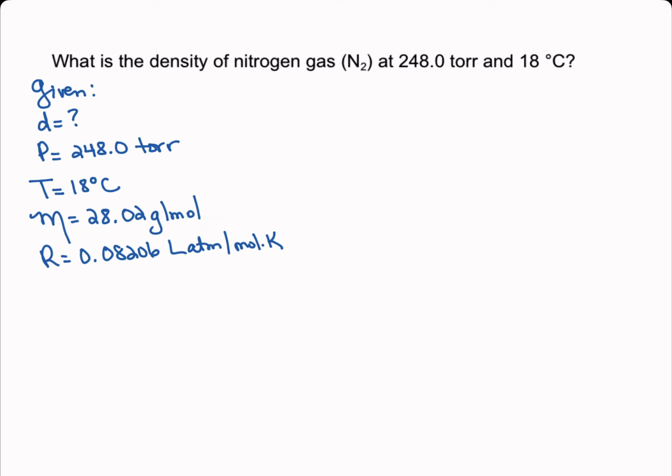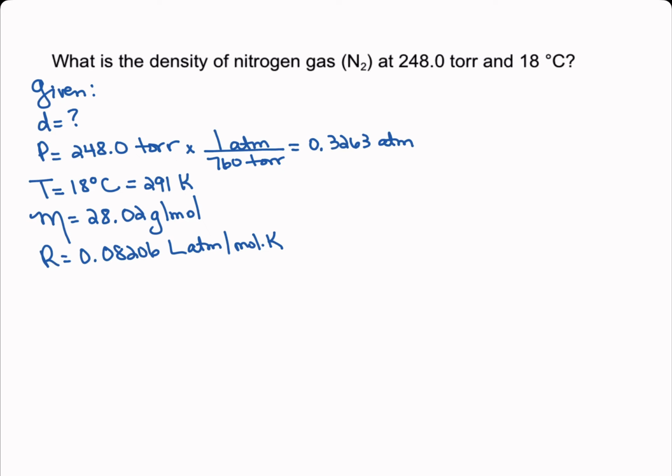Now I'm going to take a look at my units and I see that pressure is in torr, but I need to have it in atmosphere so that it can cancel out with the universal gas constant. So if torr is in the numerator, then torr in the denominator. 1 atmosphere is equal to 760 torr. Also, temperature is in Celsius. It needs to be in Kelvin so it can cancel out with the units of the universal gas constant. So I'm going to add 273 to my Celsius temperature and I'm going to get 291 Kelvin.